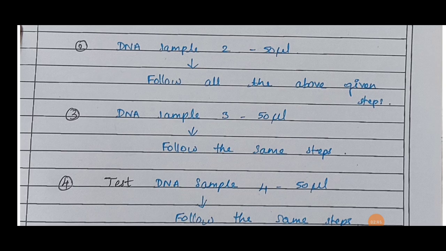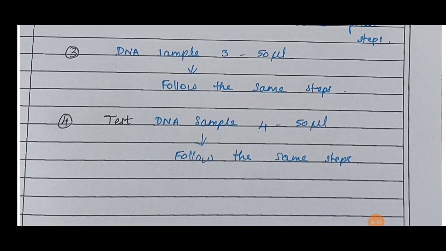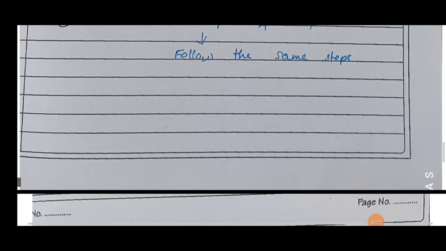In the first tube we add standard sample 1, here DNA sample 2, and the next tube DNA sample 3, and if we have 4, DNA sample 4 standard sample we add, and in the fifth well we add the test sample. Here we only have 3 standard samples, so I have the test DNA sample in the fourth Eppendorf tube. The remaining procedures will be the same.